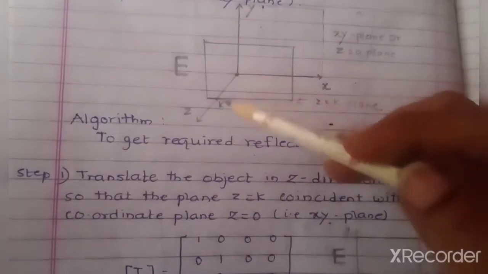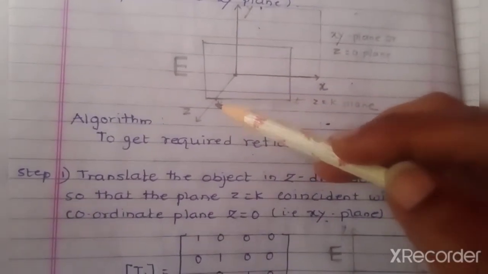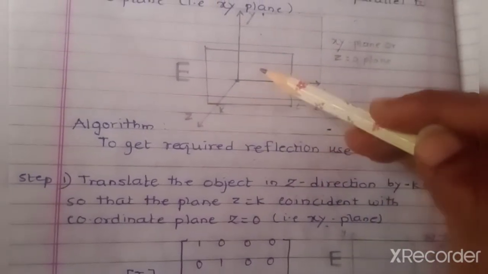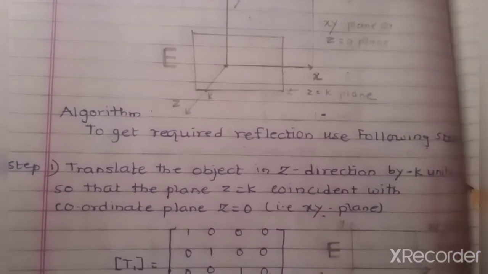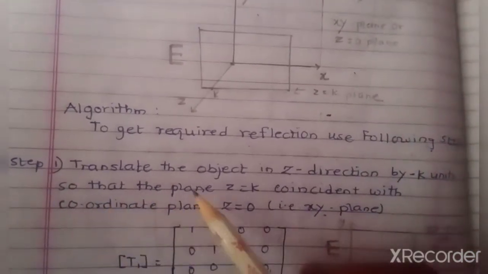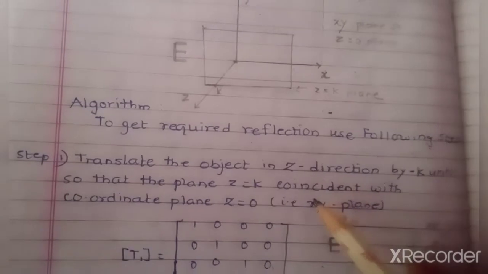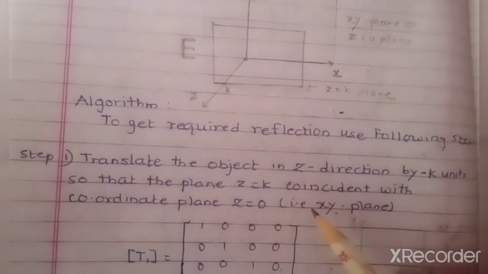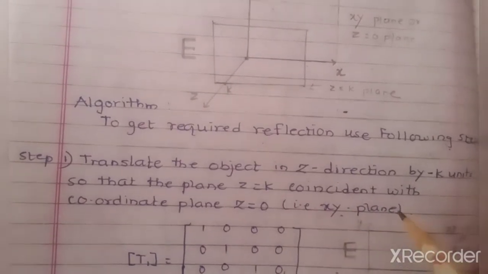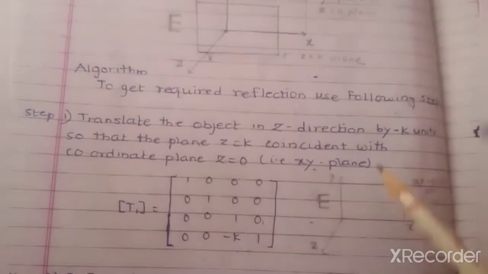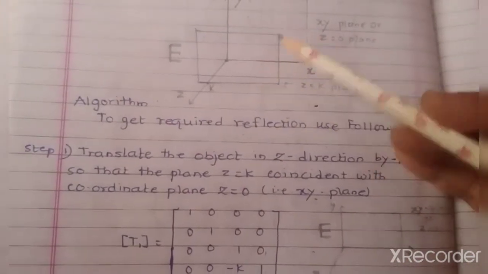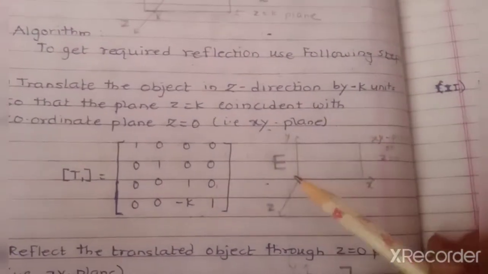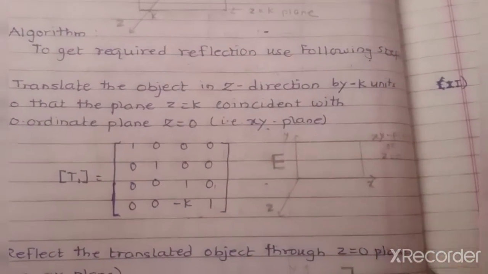From 0 to this point is k units, so when we go towards 0, we translate by minus k units, so that the plane z equal to k coincides with the coordinate plane z equal to 0, that is, the xy plane. So when we translate the z equal to k plane by minus k in the z direction, that plane lies on our coordinate plane.